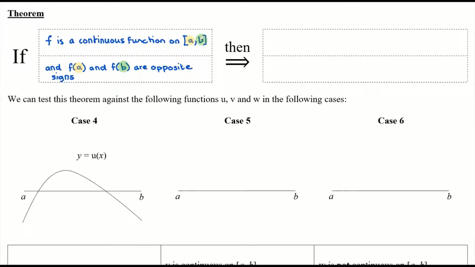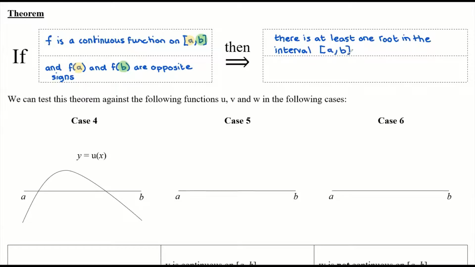So if that's the case, what happens? Well, we have deduced that there is at least 1 root in the interval AB. Okay, and we can also make a stronger assertion.